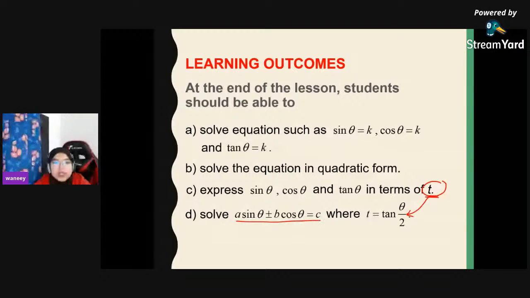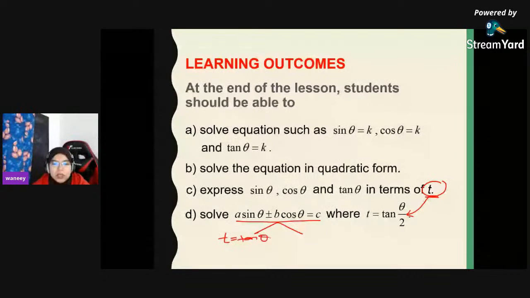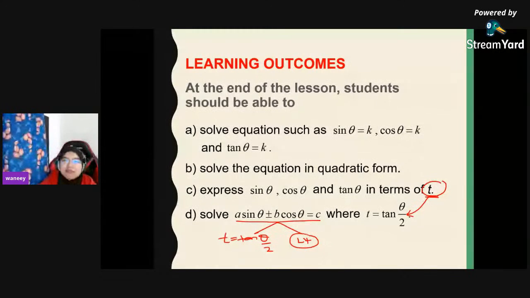For this, we actually have two methods. The first one, we use t equal to tangent theta over 2. Another one is what we are going to learn in lecture 4, so we are going to leave them as a mystery thing first.